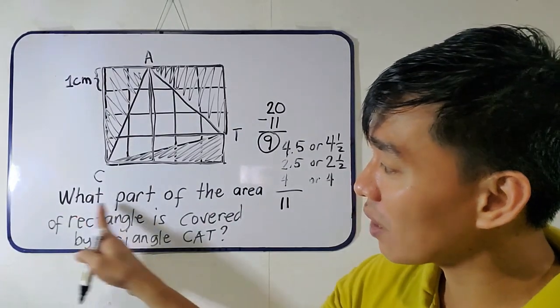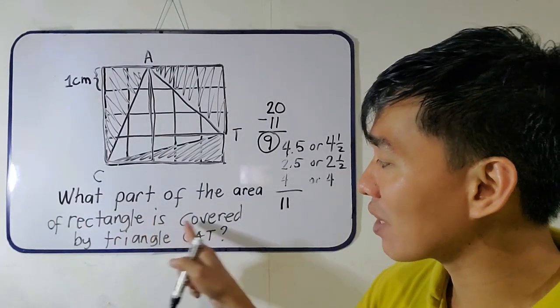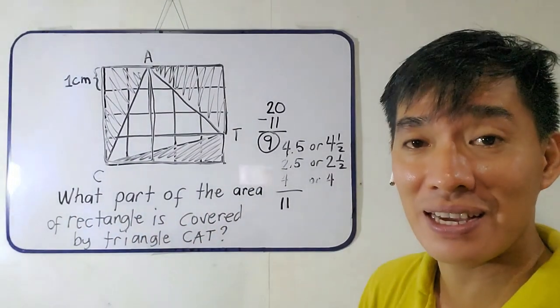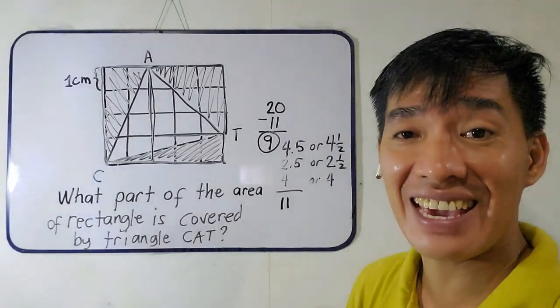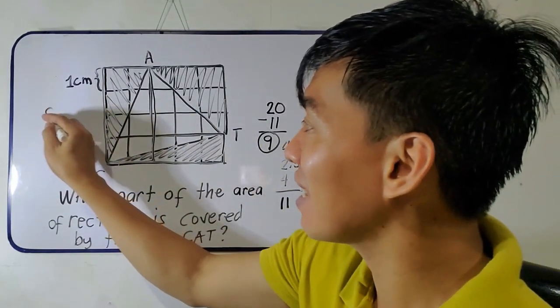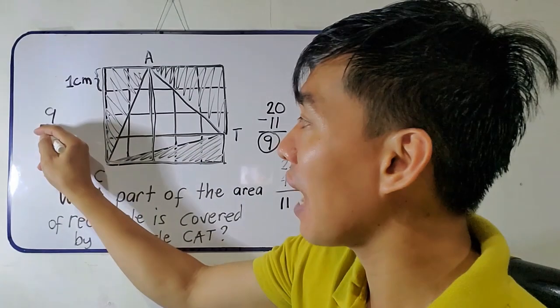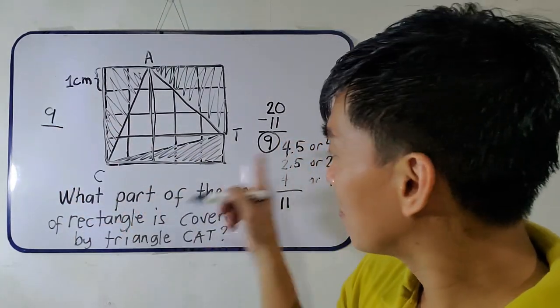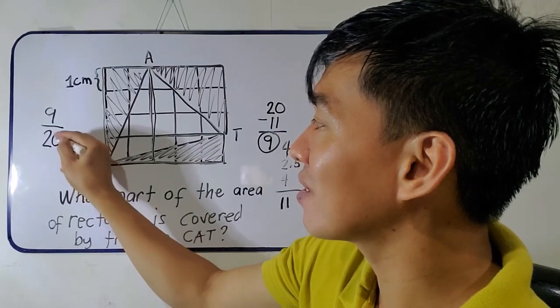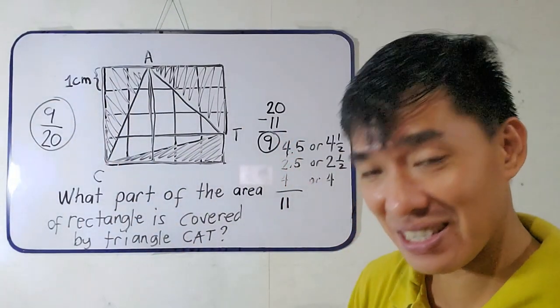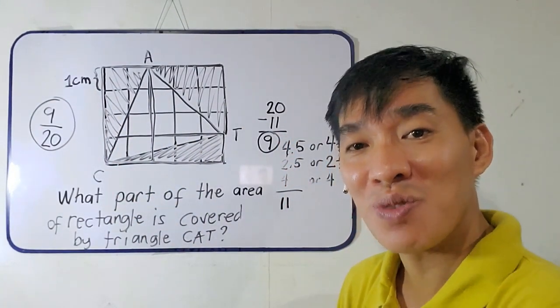But the question is, what part of the area of the rectangle is covered by triangle CAT? Triangle CAT is 9 square centimeters out of 20 square centimeters. Therefore, the correct answer is 9 over 20.